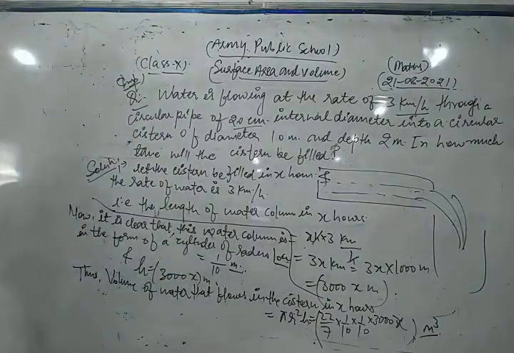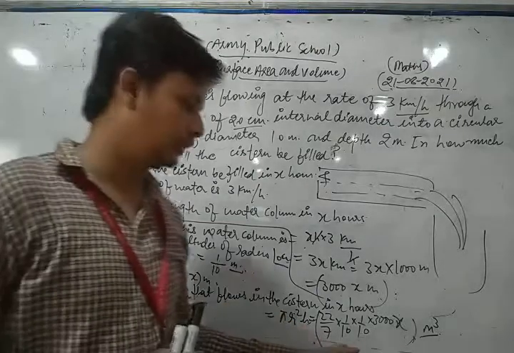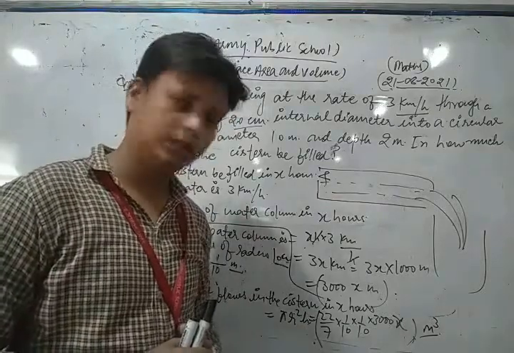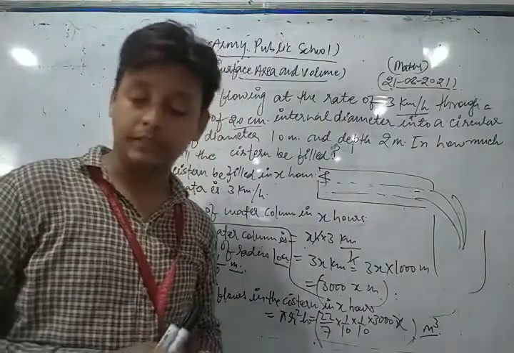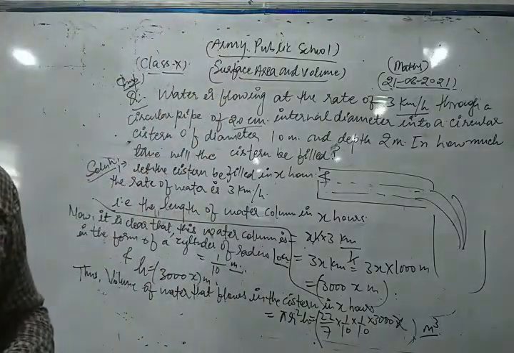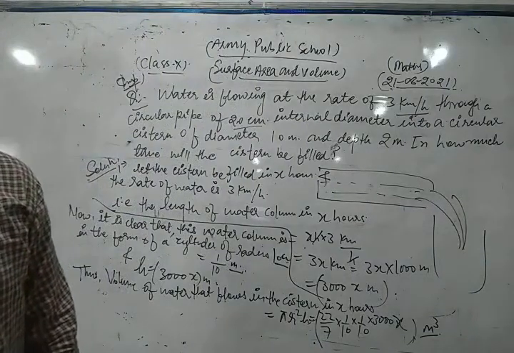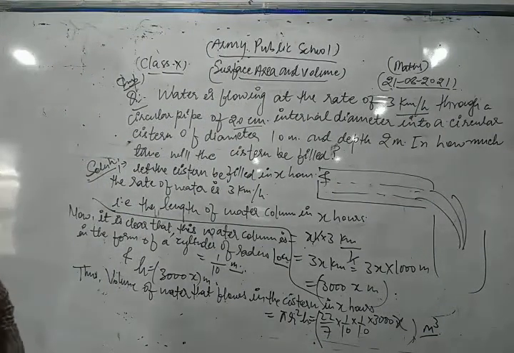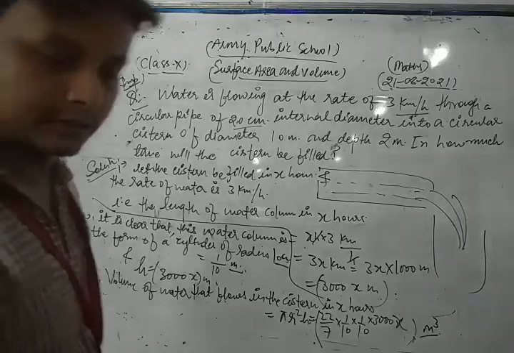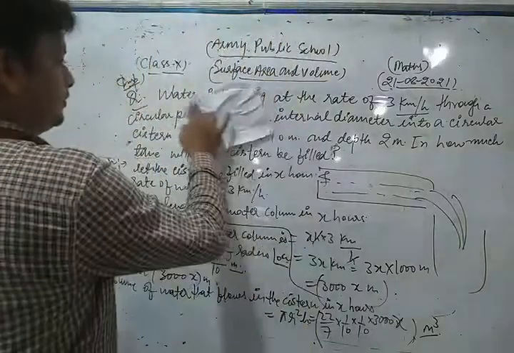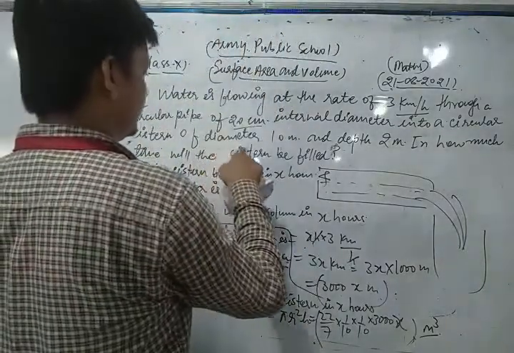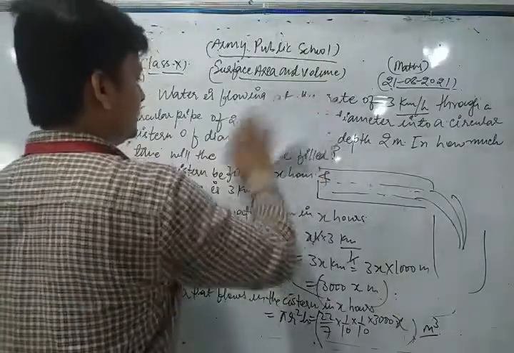The volume of the water that flows into the cistern in x hours is 22 upon 7 into 1 upon 10 into 1 upon 10 into 3000x meter cube. Now, since the cistern is filled in x hours, let's see, it is 2 meter deep.